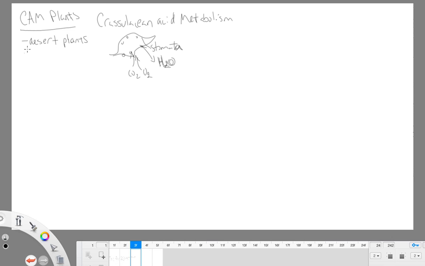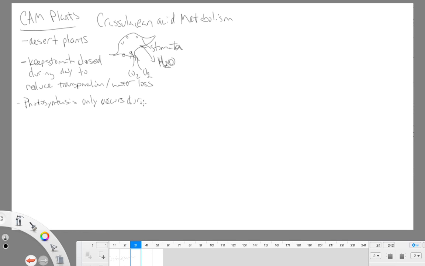So let's write some of these things out, right? So our CAM plants, they want to keep stomata closed during the day to reduce transpiration/water loss, but photosynthesis only occurs during the day.